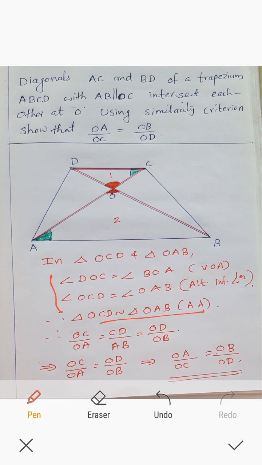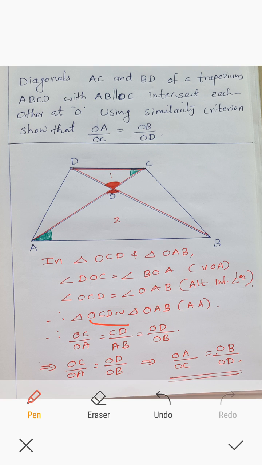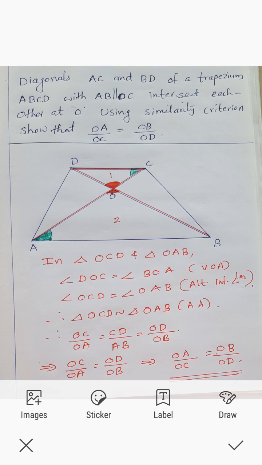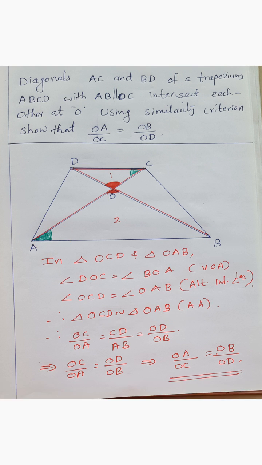And how is this triangle to be named? Triangle OCD: O, red color angle, then green color angle C, then D. In the same way we name the other triangle: O, then green A, B. So triangle OCD is similar to triangle OAB.